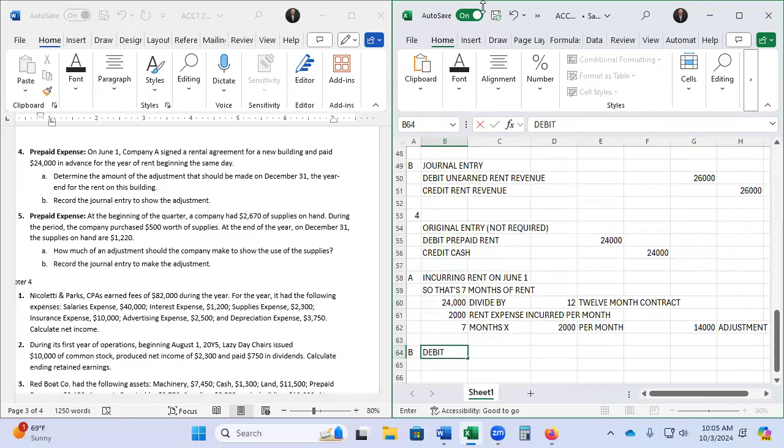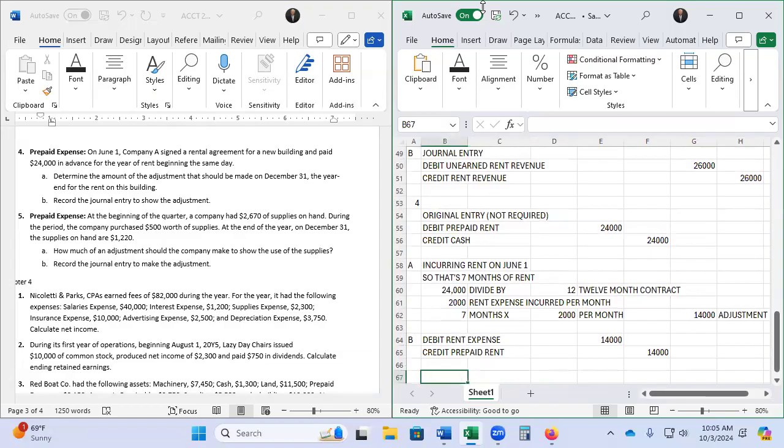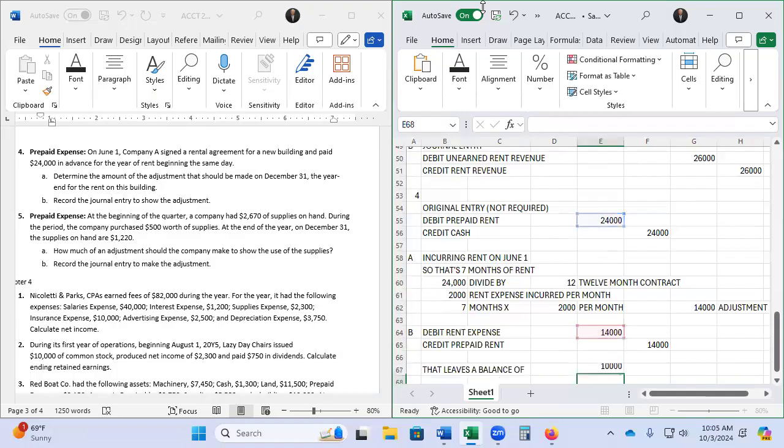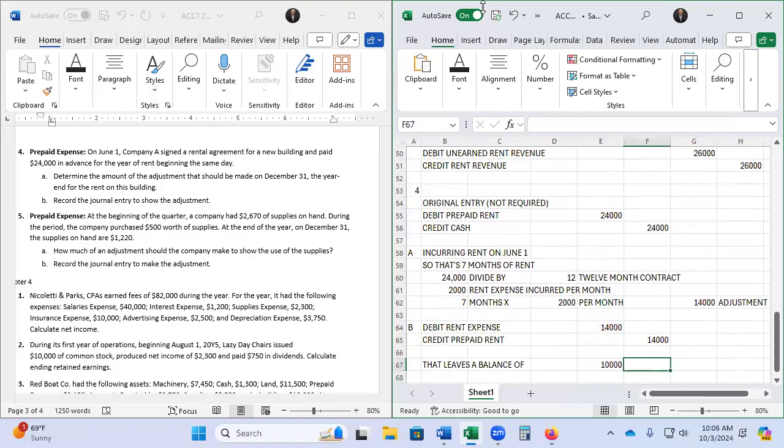So it's going to be a debit to rent expense for 14,000 and a credit to prepaid rent for 14,000. And so that leaves a balance of, you take the 24,000 that we started with, you subtract out the 14,000, and so it's 10,000. I don't know if that was asked for or not.